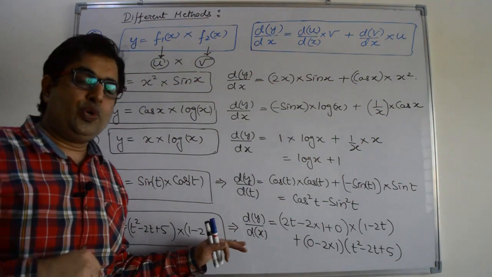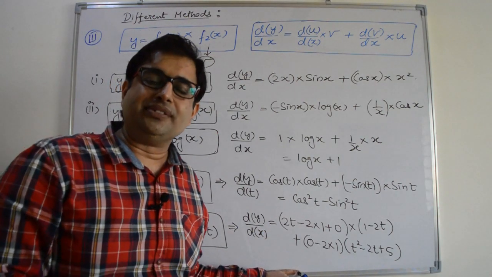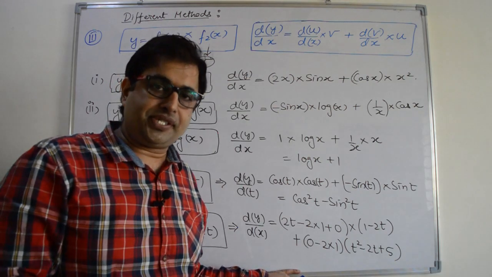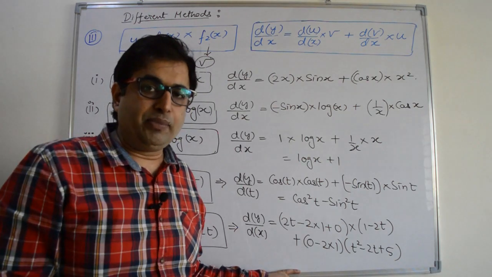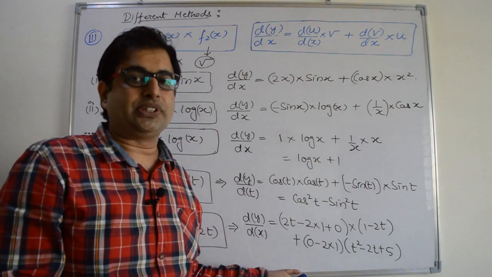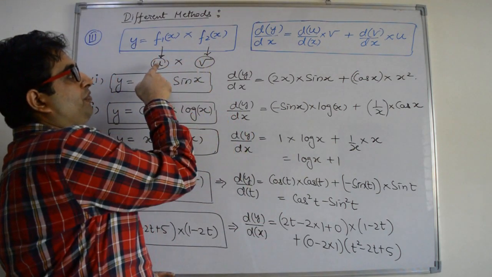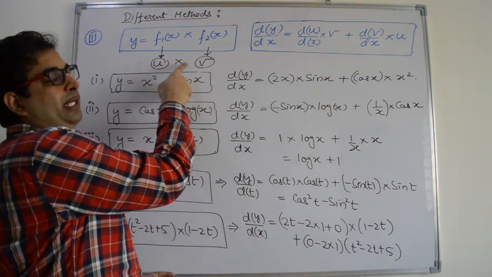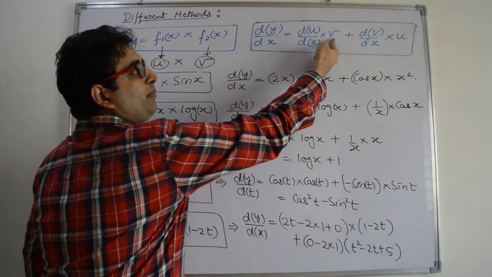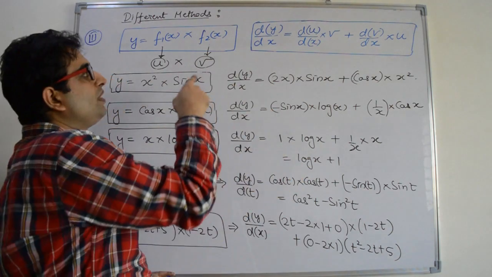Right? How will you differentiate them? You will differentiate them like a doctor. U and v are your patients. At a time you will treat one patient and the second patient will wait outside. So here we have u and v in multiplication. First we will differentiate u, and v will remain in multiplication, means he will wait outside.